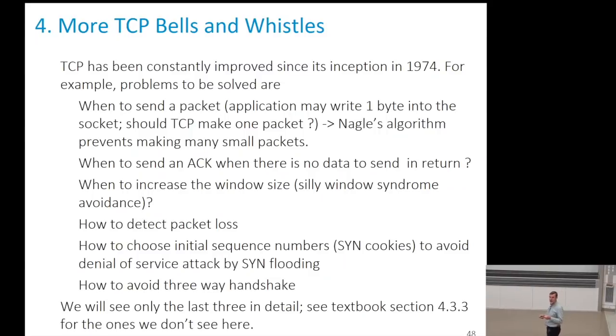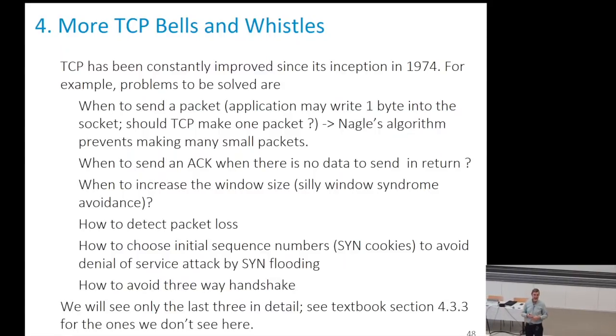By default, most implementations of TCP will implement an optimization, which is called Nagle's algorithm, which we will not see in detail, but it's very easy to understand. Nagle's algorithm will try to avoid sending very small packets by waiting for a very short amount of time until a packet that is large enough is sent.